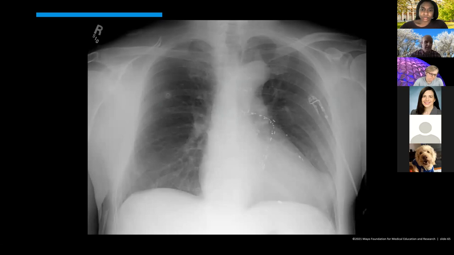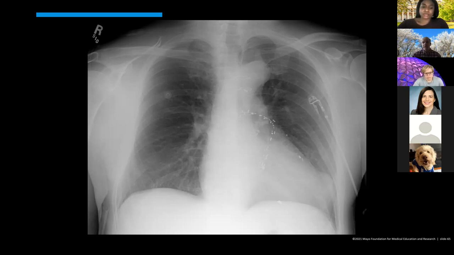Most of the time, they're not important to describe, but in this particular case, it is. Because if you look at the left ventricular apex, that is not a normal contour. You can see this bulge out near the apex of the heart.